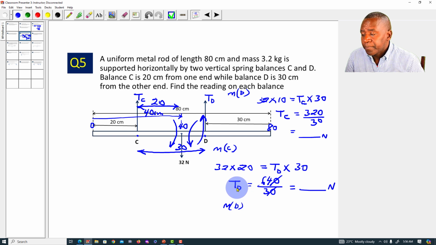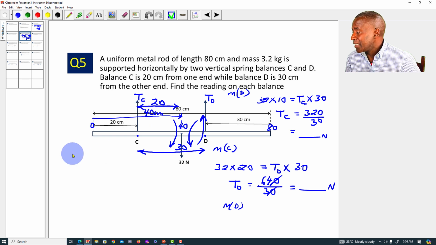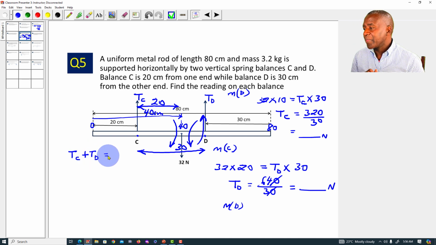TD, you would just use the second condition for equilibrium. Do you remember the second condition for equilibrium? Yes, the resultant force on that system is 0. What that means as far as this problem is concerned is that the sum of the upward forces, which is TC plus TD, those are the forces which tend to act on the system vertically upwards, should be equal to the sum of the forces which act on the system vertically downwards.